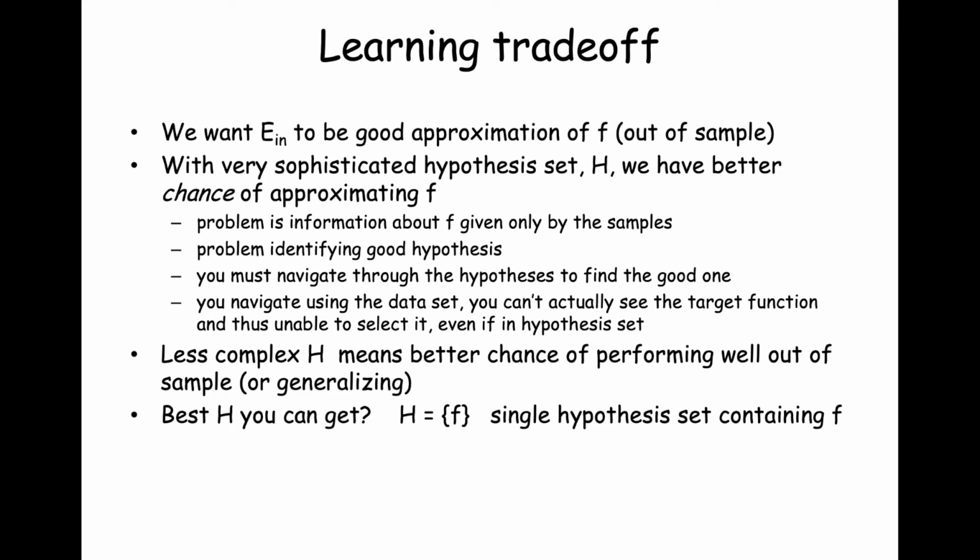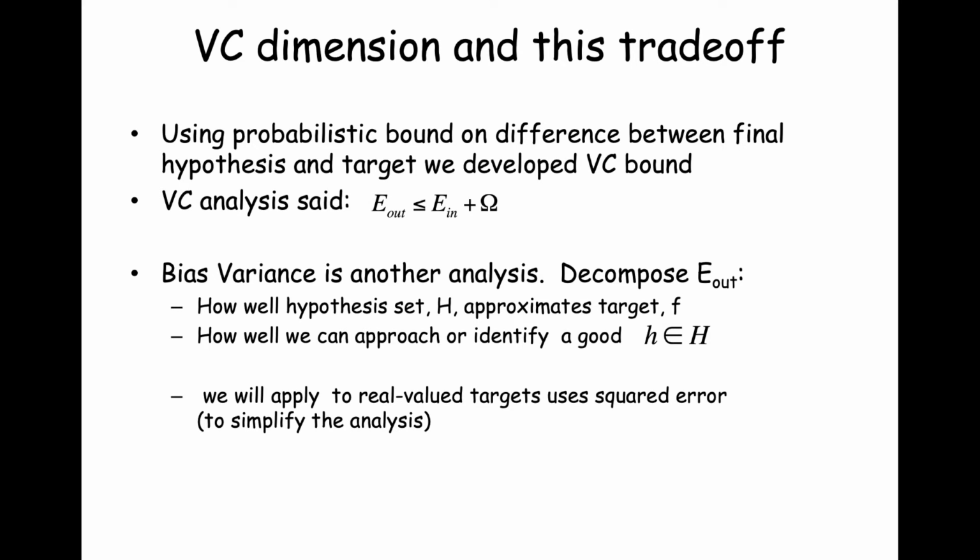And so what's the best hypothesis you can get? Well, the smallest one will only have a single hypothesis, this hypothesis set, and the best one would be a singleton hypothesis set that contains a single function that's exactly the unknown target function. But that's not how things really work in practice.